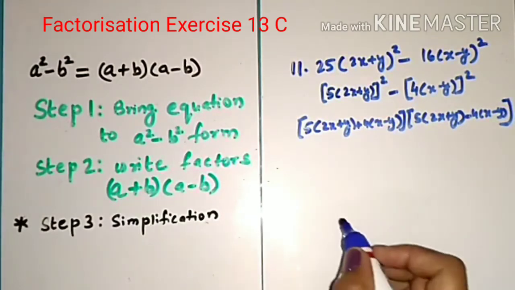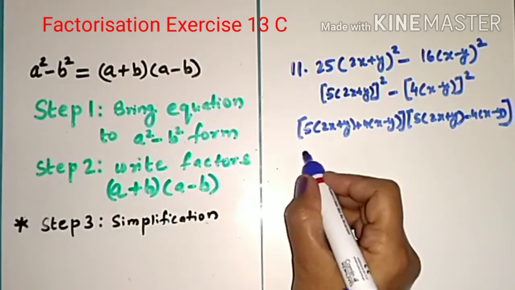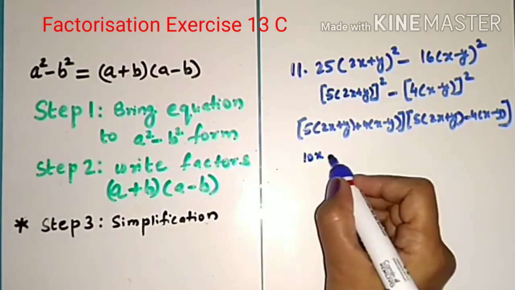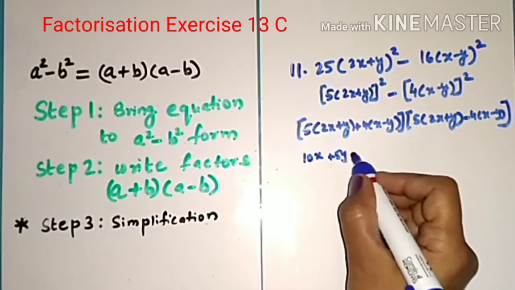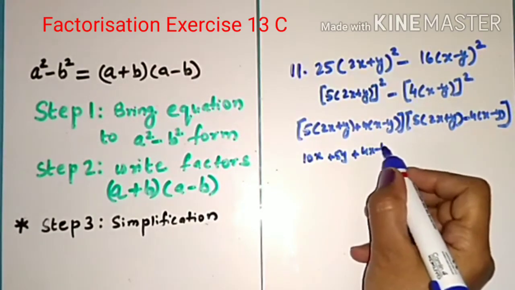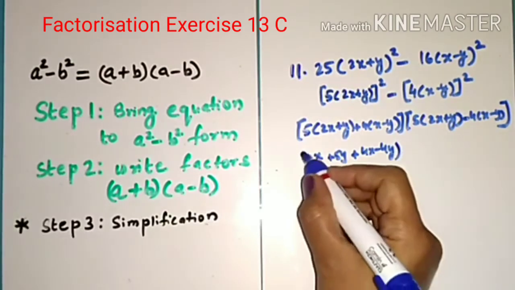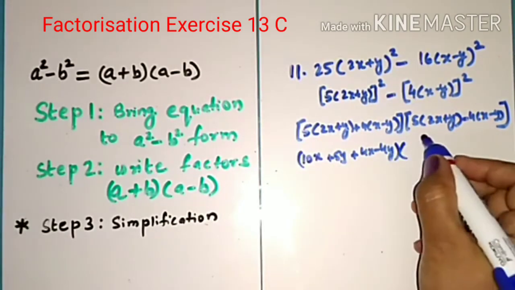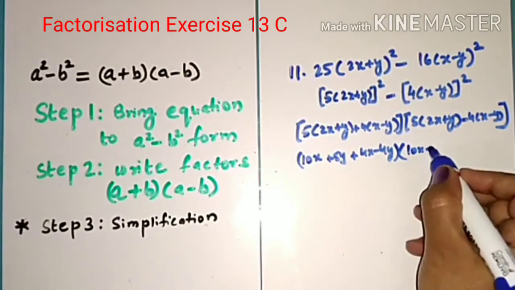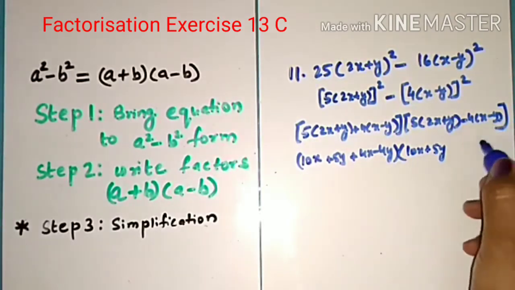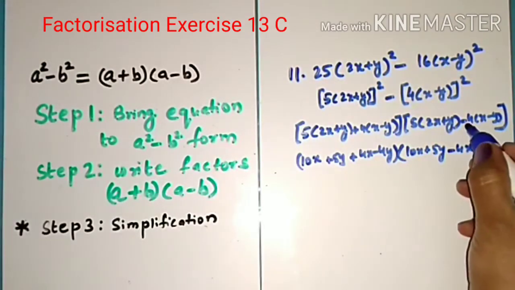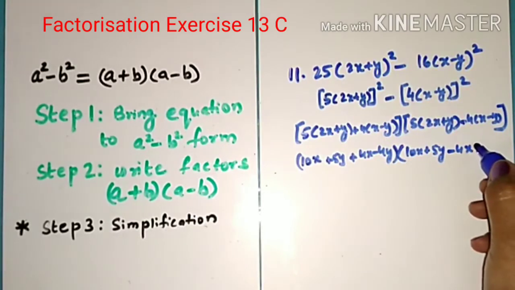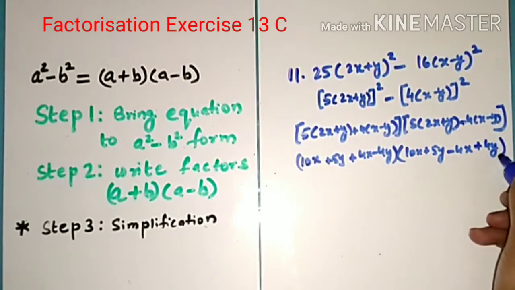We will simplify them. We'll have 10x plus 5y plus 4x minus 4y. Next bracket will have 10x plus 5y minus 4x minus will become plus 4y.